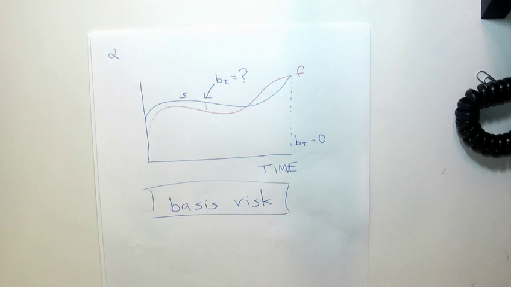Gold spot is at 387. The futures price is at 388. So we have contango. We buy the spot, sell the futures. This is a short futures hedge. My initial basis is at 1.45, the spot minus the futures. If I hold till expiration, it doesn't matter what the final spot price is.